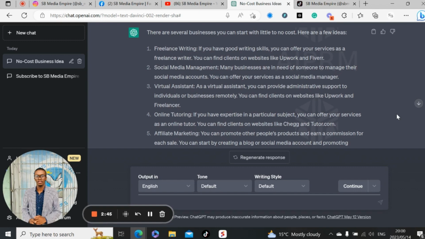But now the good part is you can actually utilize ChatGPT, whereby let's say you go to Upwork or to Fiverr, offer your services, and after you do that, you can then simply go to ChatGPT, and whatever job that you got on Fiverr that is for writing.